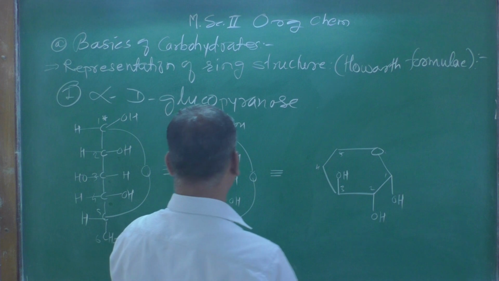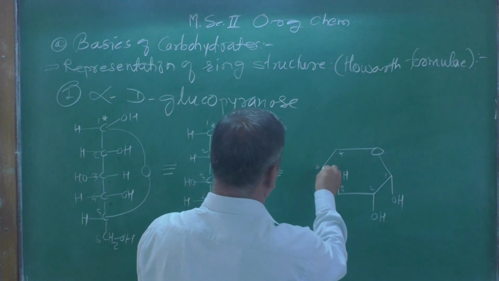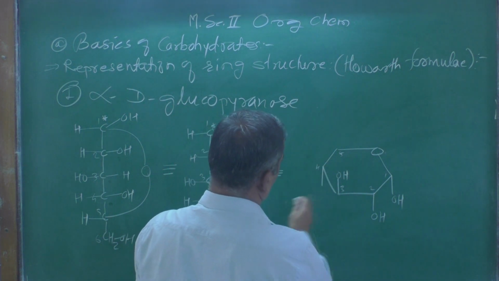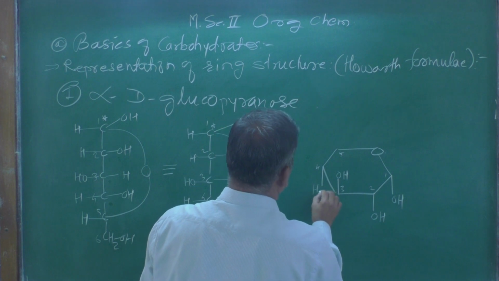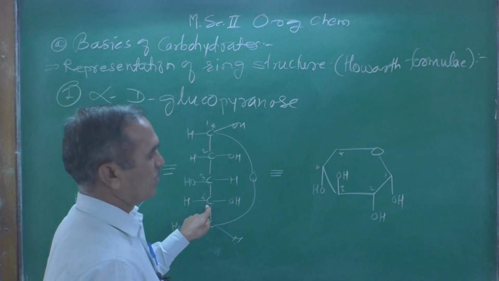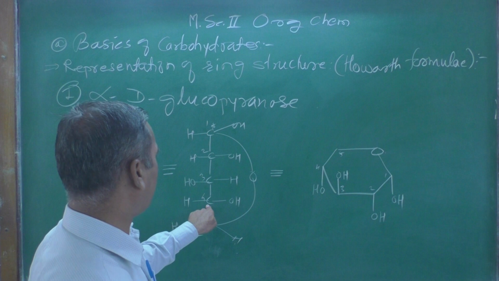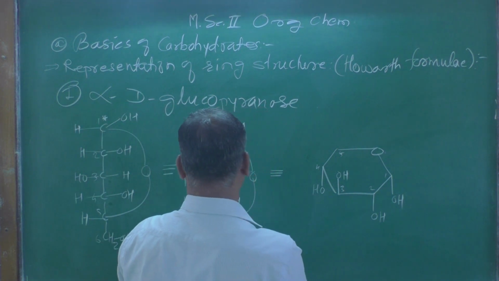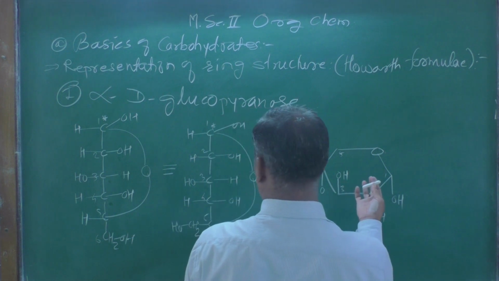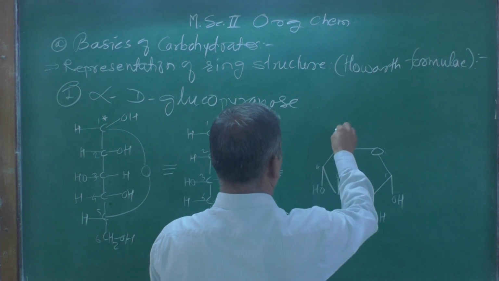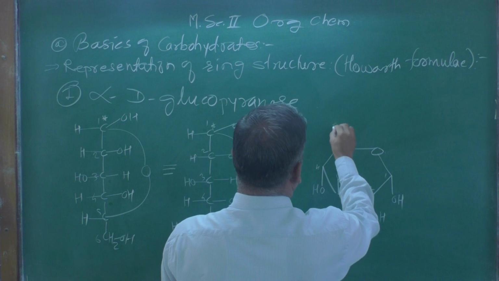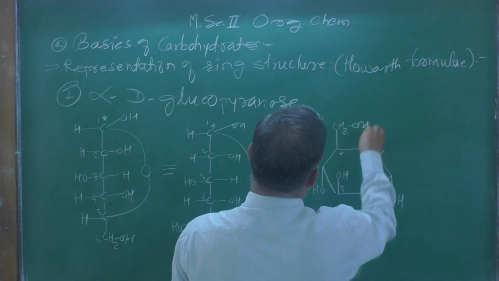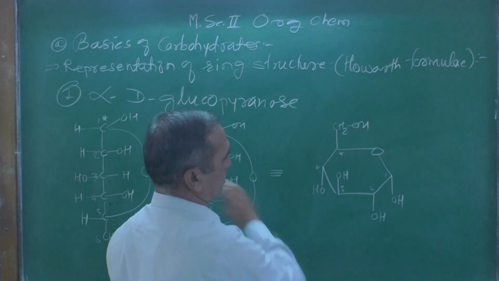Look at carbon number 4, hydroxy again on the right hand side, so you must show below the plane. And now look at this hydrogen atom on the right hand side, but CH2OH above the plane, so you can write CH2OH this way or you can write this way.